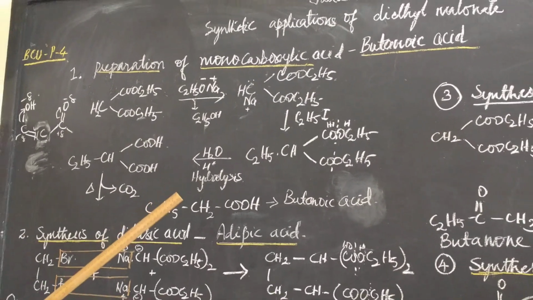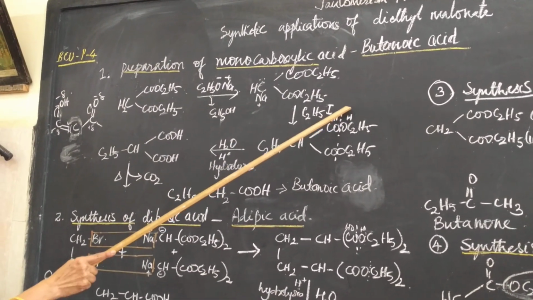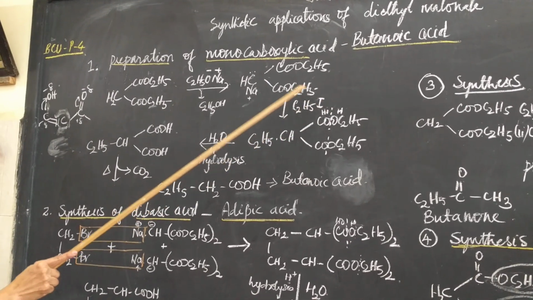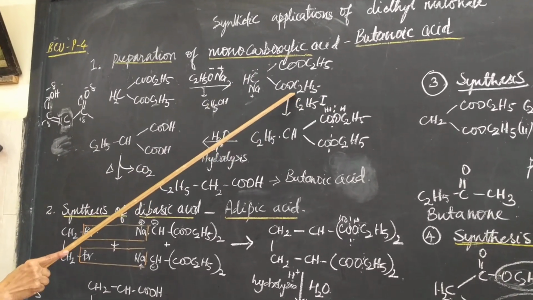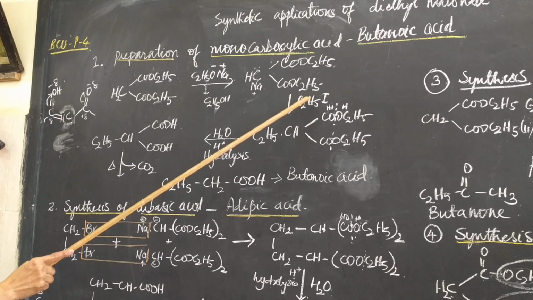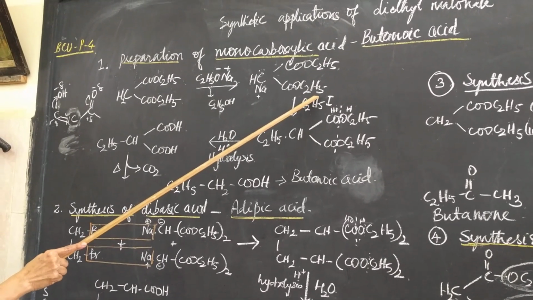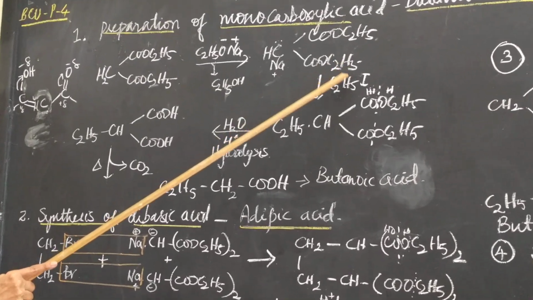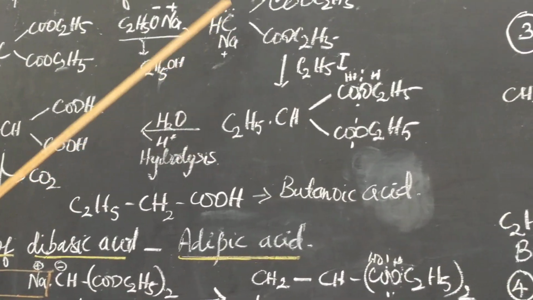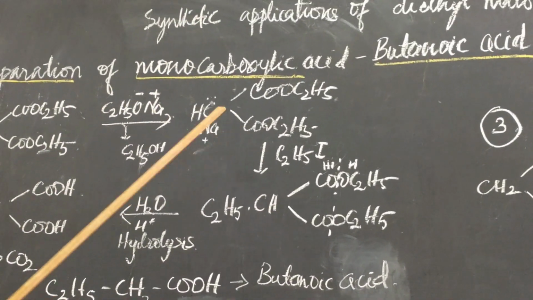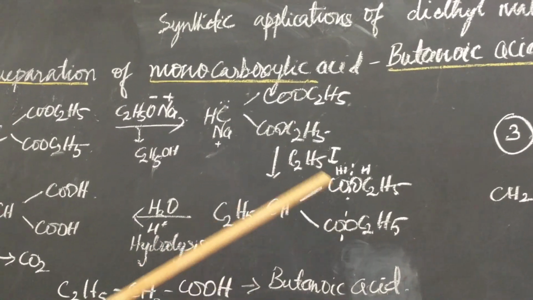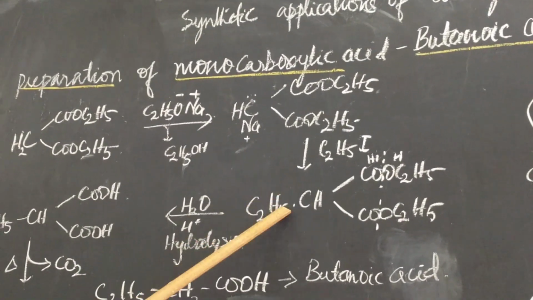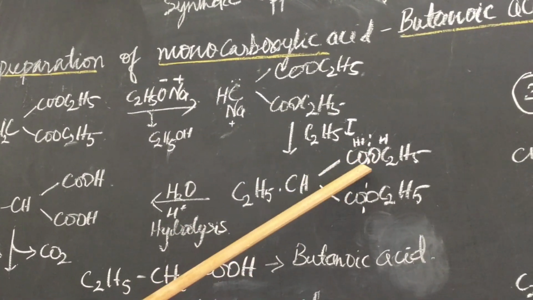Why? Because iodide will always leave the molecule with its pair of electrons and combine with the sodium. Now what happens to this ethyl group? Therefore there will be a positive charge on one of the carbons of the ethyl group, and that positive charge will go and attach here. So that's what is happening here. This has got attached to this point. So I have got this intermediate.